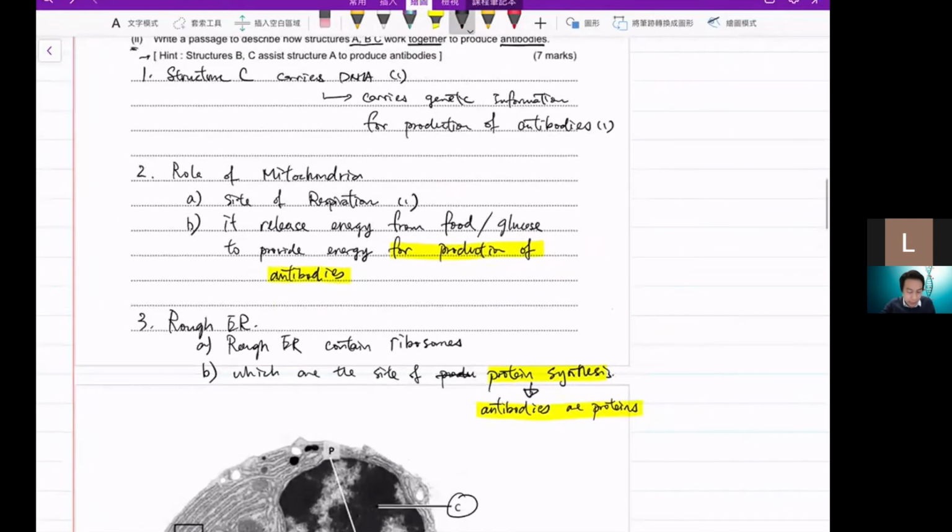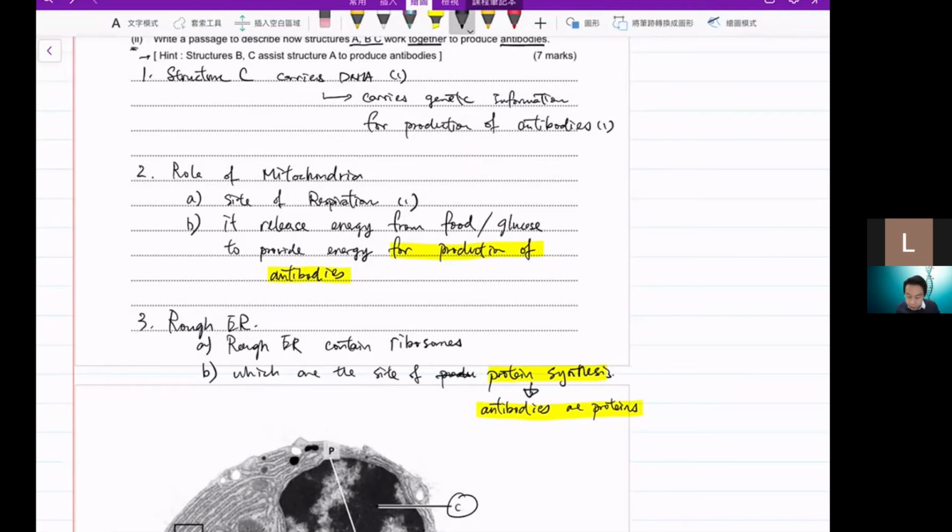So if you can answer all these points, then each point will be worth 1 mark. If you are able to include the linkage between different organelles, okay, then you will get another mark. So say, for example, mitochondria provide energy for rough ER to produce protein, then this is the linkage.